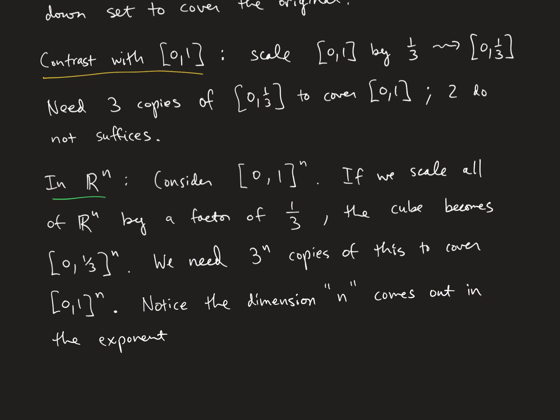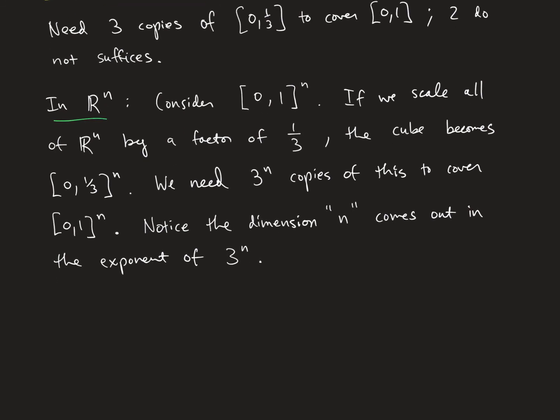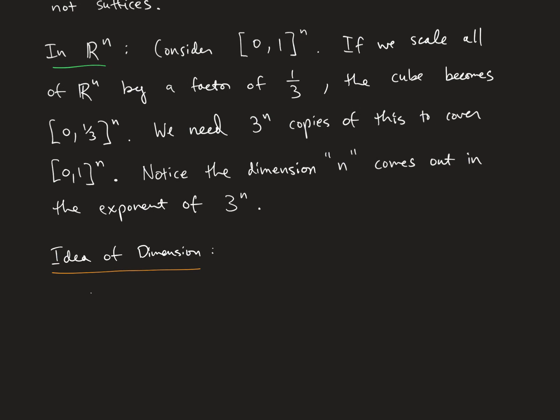Or I guess I should say in the exponent of. So basically the idea of dimension is, if you scale by, let's say, 1/s, then you record the number of copies you need to cover the original.